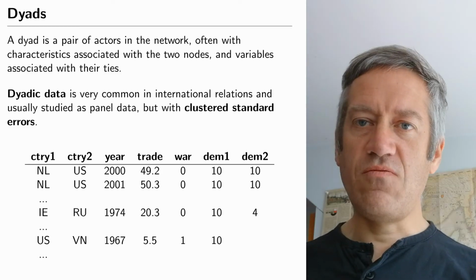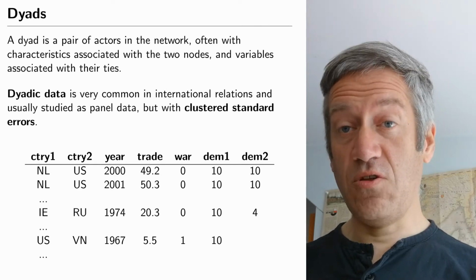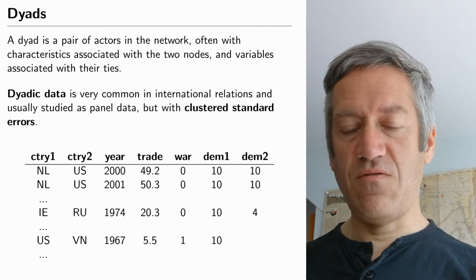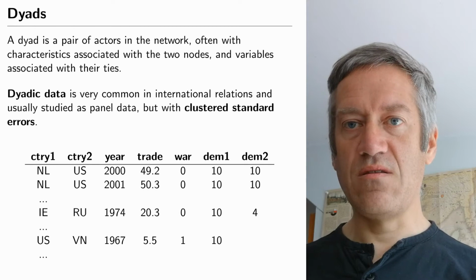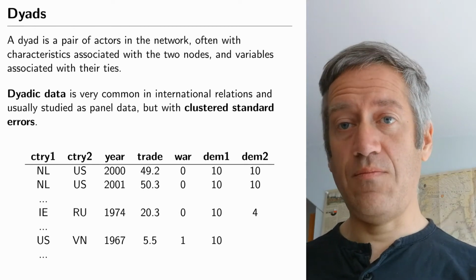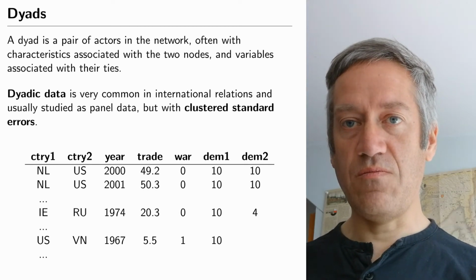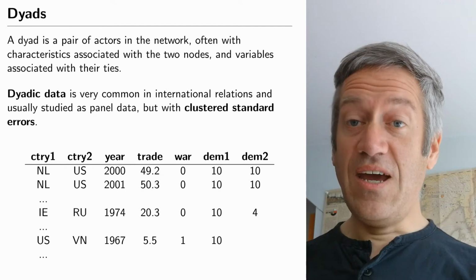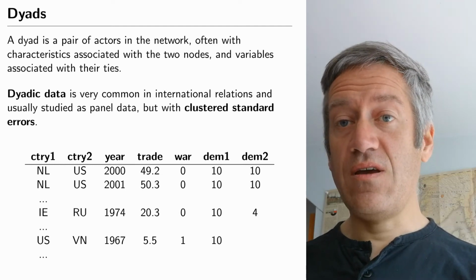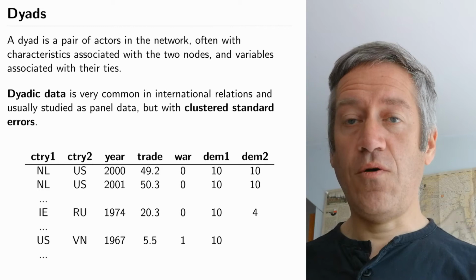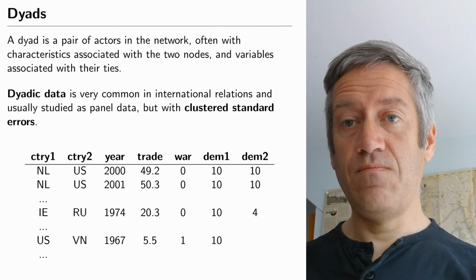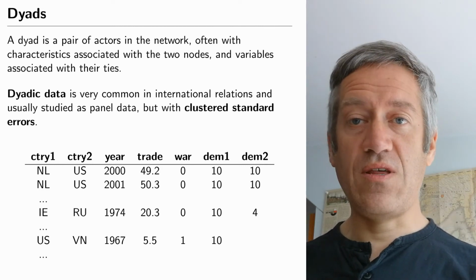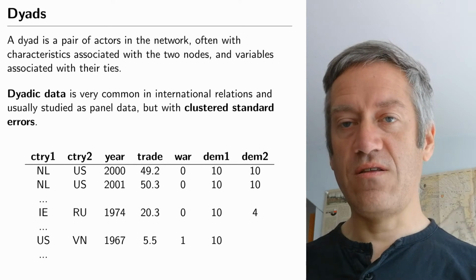Let's first start with dyadic data, which I'm not going to talk about much, but which is very common, especially in international relations. It's sort of an initial step towards what the rest of this video is about. In dyadic data, instead of having individual observations, we have observations of pairs of units. This is typical in, for example, analyzing trade or conflict.